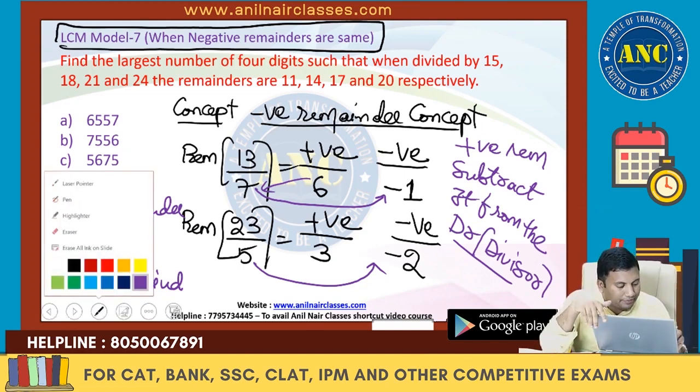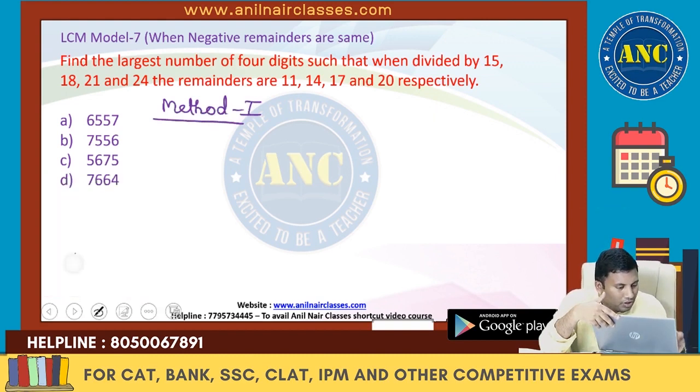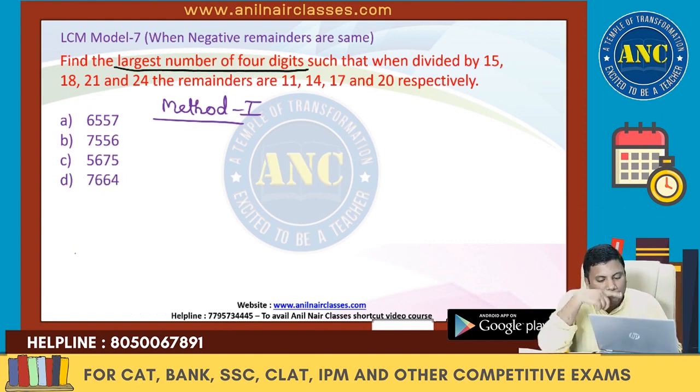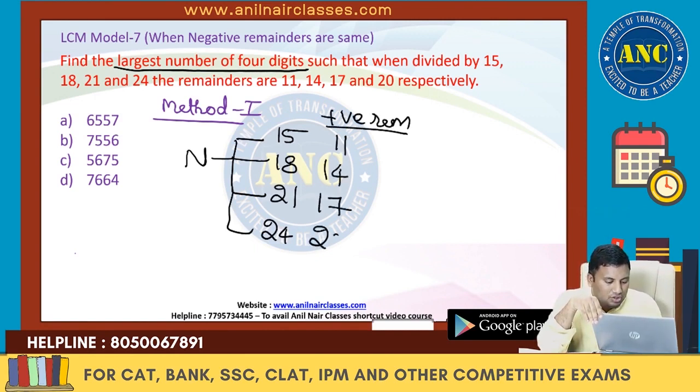Now, first question. Method 1. Find the largest number of 4 digits such that when this number is divided by 15, 18, 21 and 24, the positive remainders are 11, 14, 17, 20.